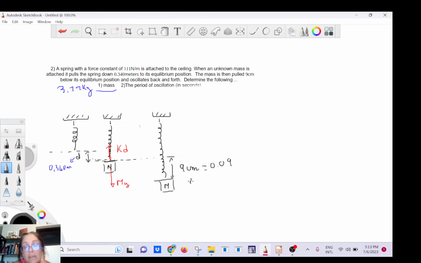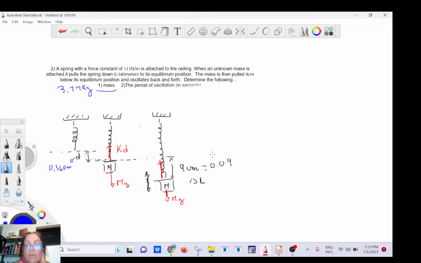I'm going to call that delta L. Then it starts to oscillate, so that's going to be my amplitude. You're going to have the restoring force acting here, and of course, you're going to have the weight here, mg, and it's going to accelerate in this direction.